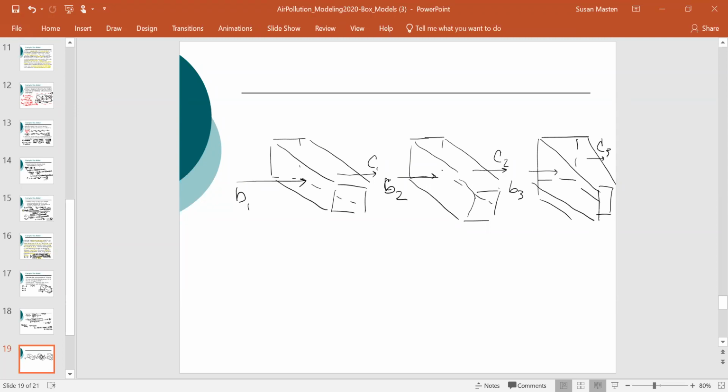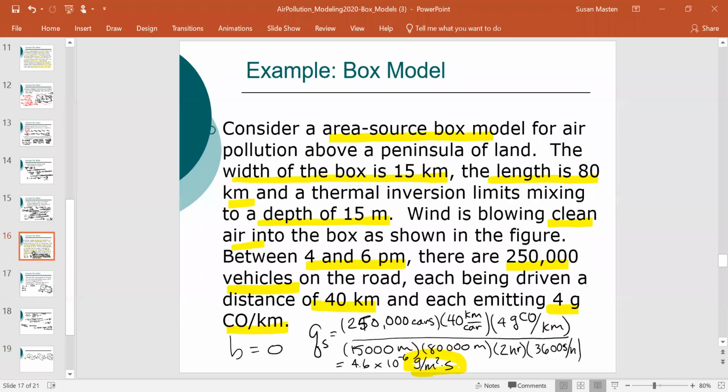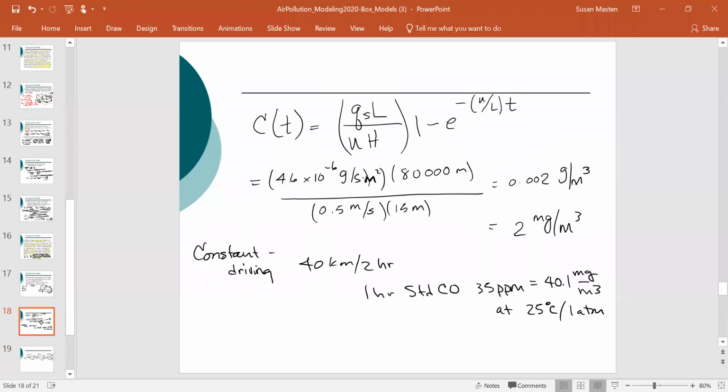Professor? Yes? I had a question about that car problem. You wrote out C(t) equals Q_s L over U H, and then what happened with that e term? Okay, the e term here. You're right, I didn't write it out. Thank you for mentioning that, I just lost the page.